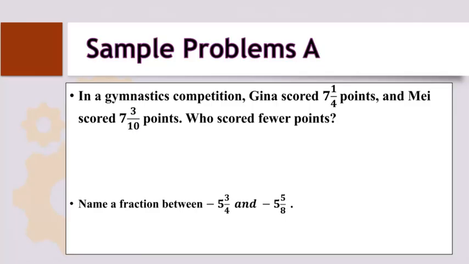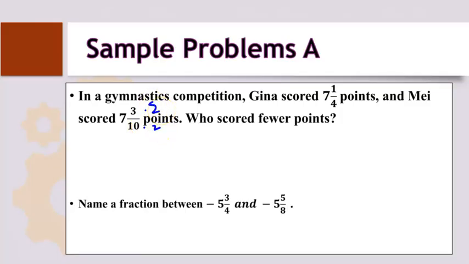It says in a gymnastics competition, Gina scored 7 1/4 points and May scored 7 3/10 points. Who scored fewer points? So we need to get common denominators first. And the common denominator of 4 and 10 would give us 20. So to get 20 here, I just multiply this by 2/2.